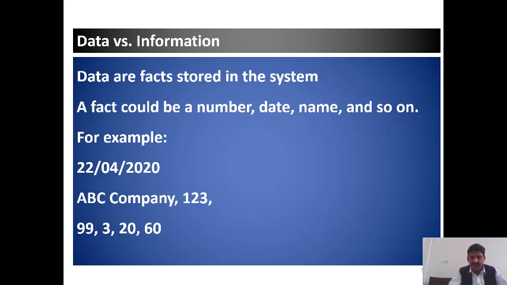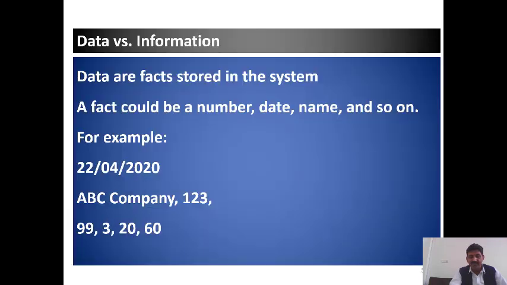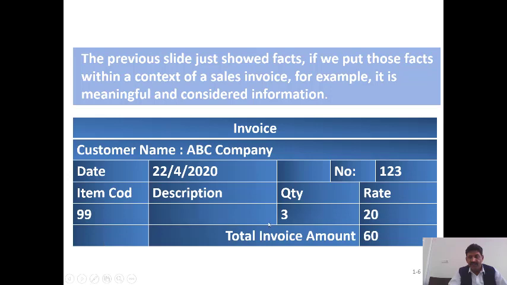And 123, what is 123? 123 is the number of the invoice, so it has a meaning for us. 99 is the item code, and the quantity is 3. Look, 3 is here, but on its own 3 has no meaning for us. But whenever we record it under quantity, we get the information that the quantity is 3.